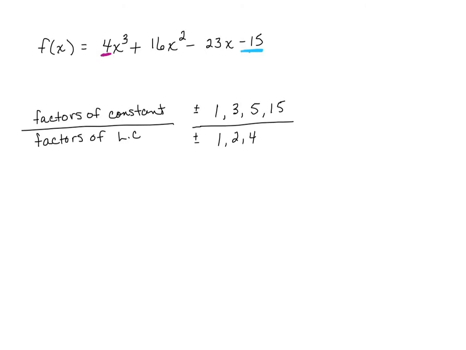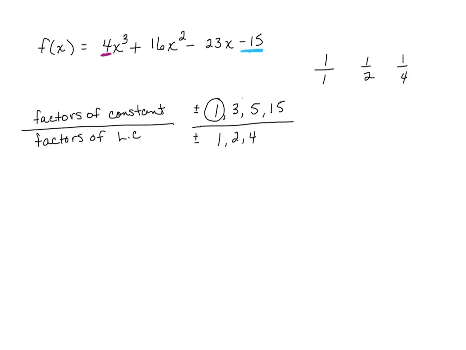So the way that I figure out all of my possible rational zeros is to pair each one of these numbers in the denominator with each one of them in the numerator. So let's start with this 1 right here. I'm going to write that down as my numerator, and I'm going to pair it up with all three denominators. 1 over 1, 1 over 2, 1 over 4.